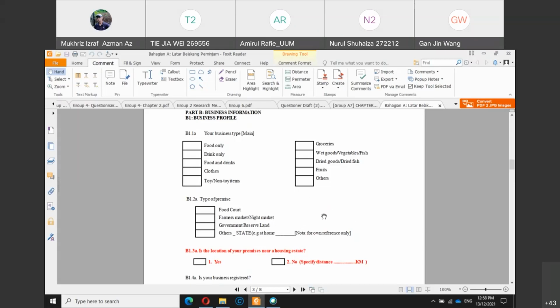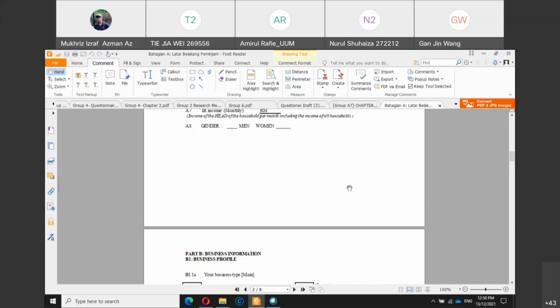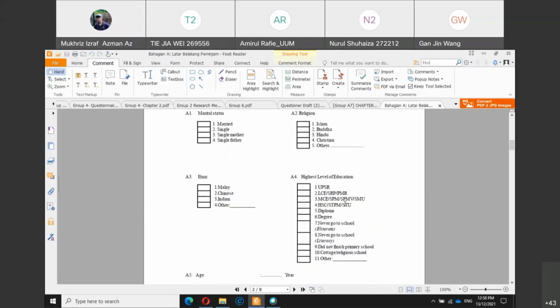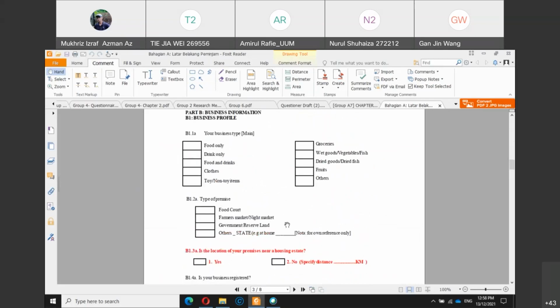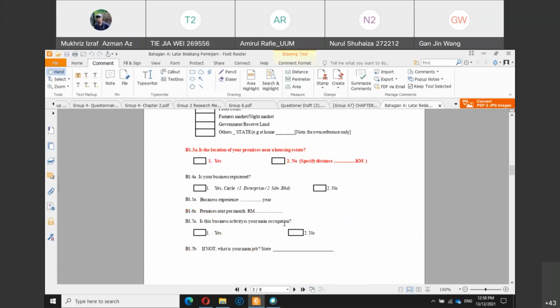Your focus is mainly on peniaga food court, di pasar malam, di gerai-gerai tepi jalan. So whether the list of the SMEs that you get from the authority is relevant to the questionnaire that you are using?